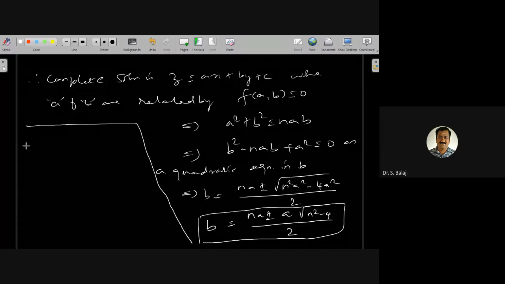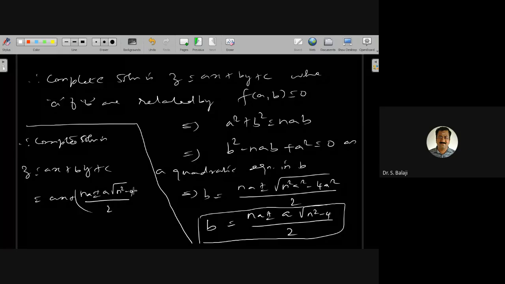Therefore, from this you can write the complete solution: z equal to ax plus by plus c, that is, ax plus na plus or minus a square root of n square minus 4 by 2, into y, plus c.